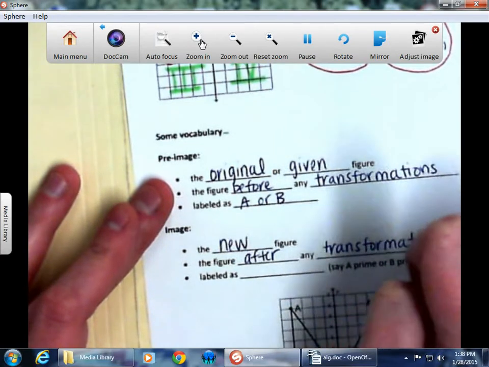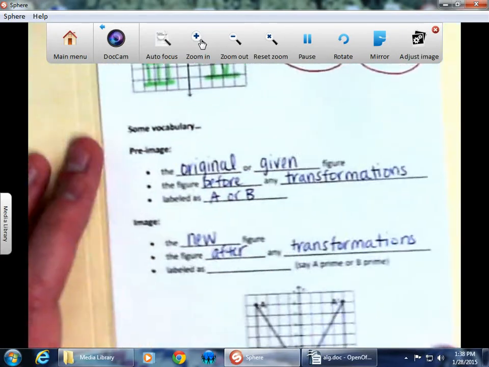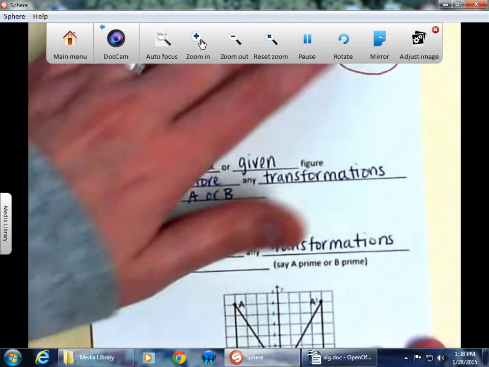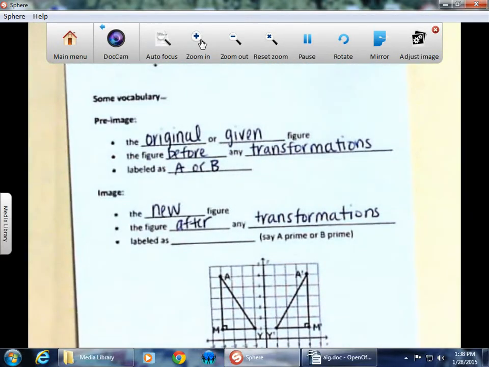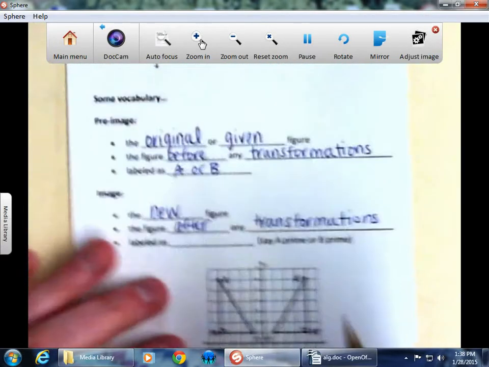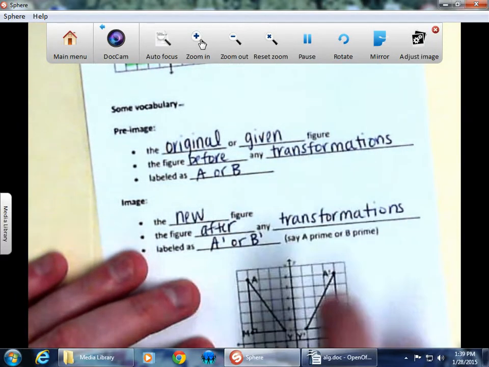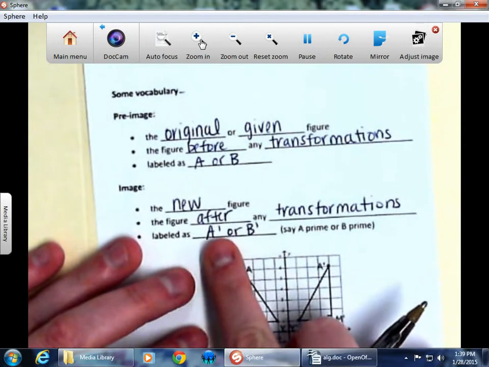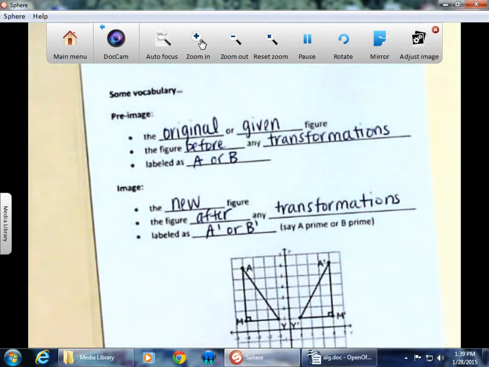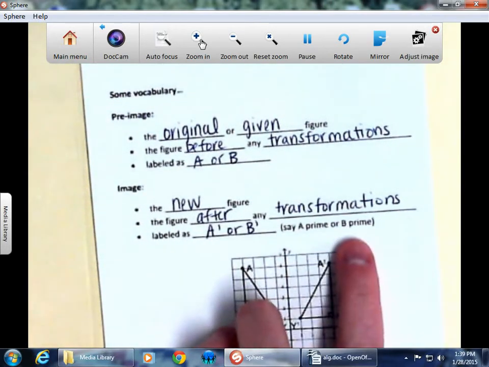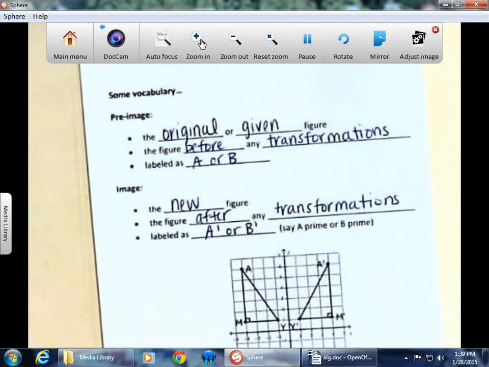So this is the figure after you have flipped it, after you have turned it, after you have slid it. We label this as A prime or B prime, for example. So it's the letter A with like a little comma kind of to the top. And we say A prime or B prime or S prime or T prime.